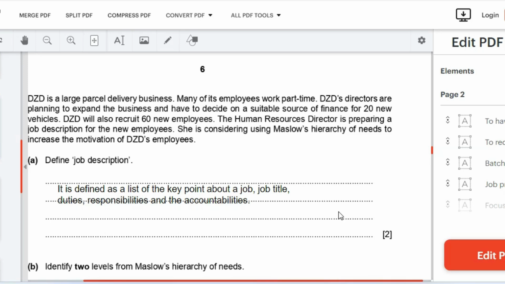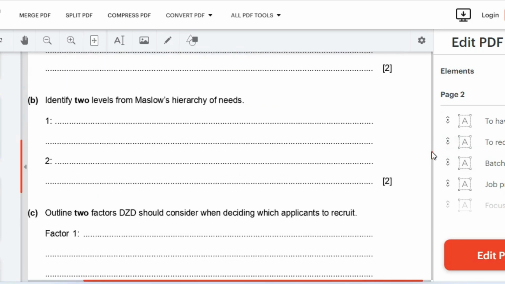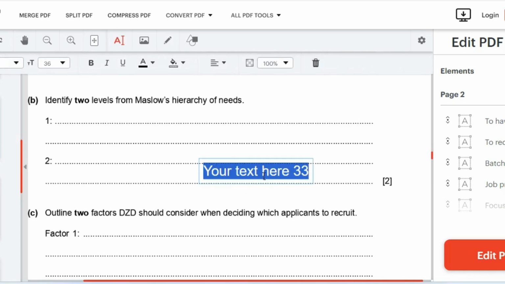Now let us move to the next question, that is 3B. We have to identify 2 levels from Maslow's hierarchy of needs. I know we know what Maslow's hierarchy of needs is, and it contains 5 needs. We were just told to mention 2 here. The first one is physiological or physical needs.